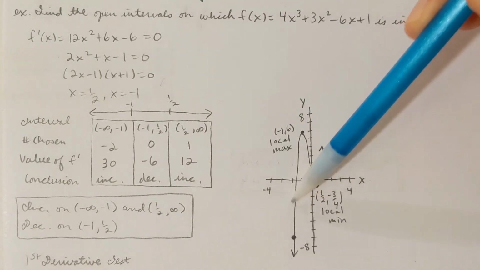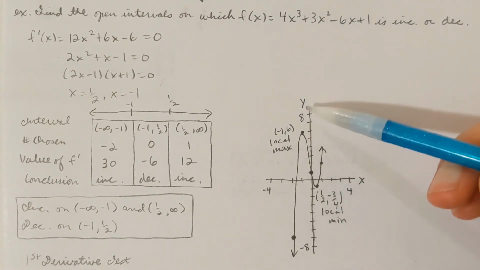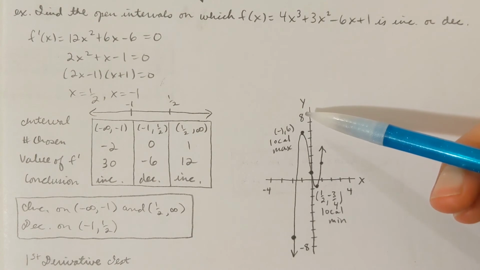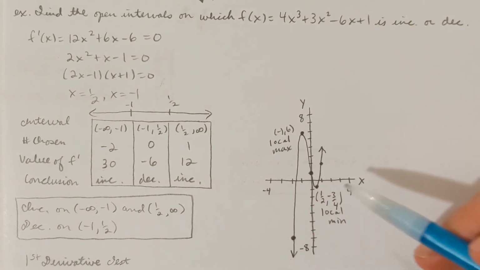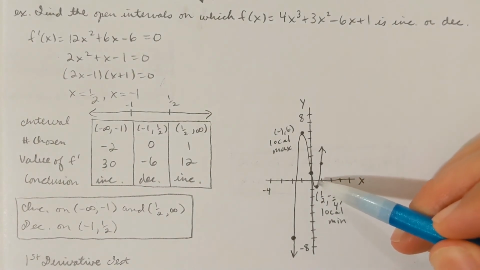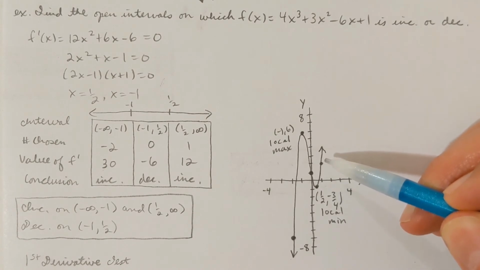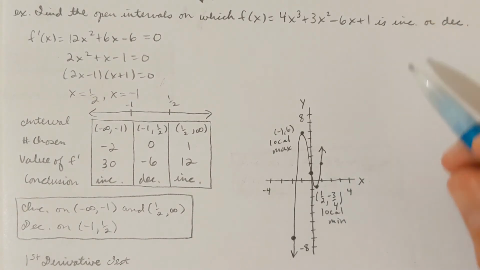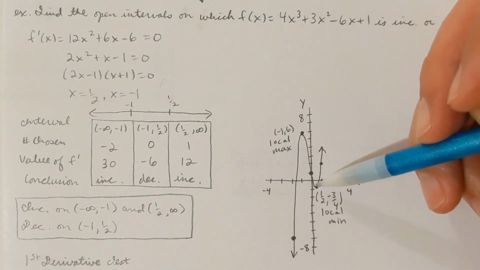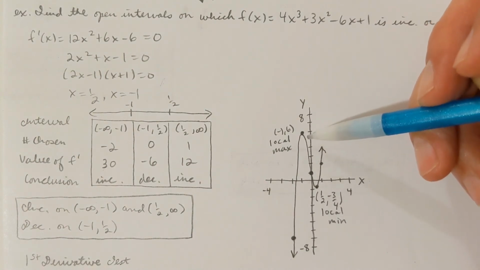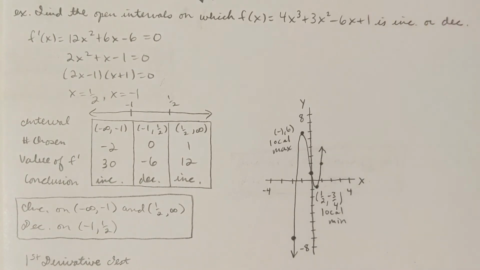There's a pretty steep slope, but if I were to draw a tangent line, it should be slanted in the positive direction. I'm also increasing on the interval 1/2 to infinity, so the curve is going to be rising there. I'll be decreasing on this middle part, so the curve will be falling from negative 1 to 1/2. If I draw a tangent line anywhere, the slope of the tangent line is going to be negative.